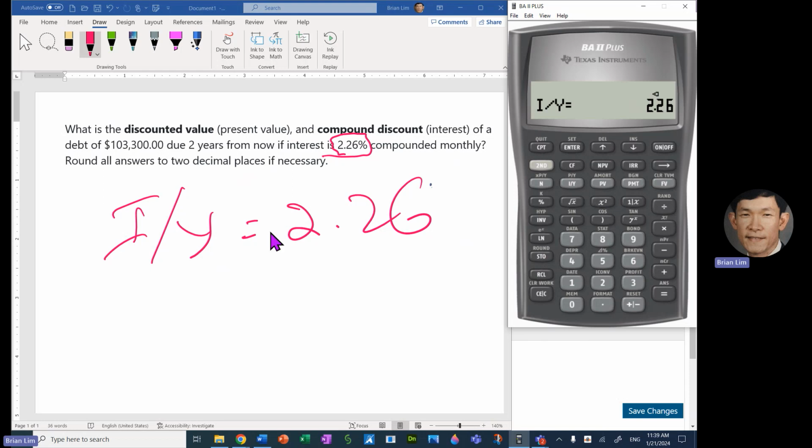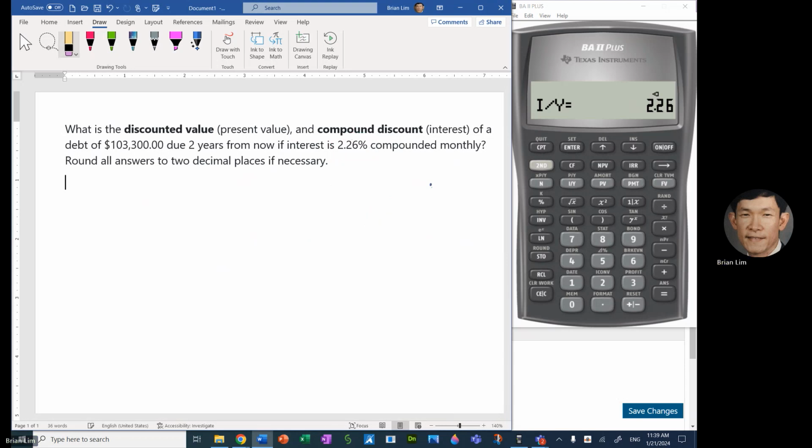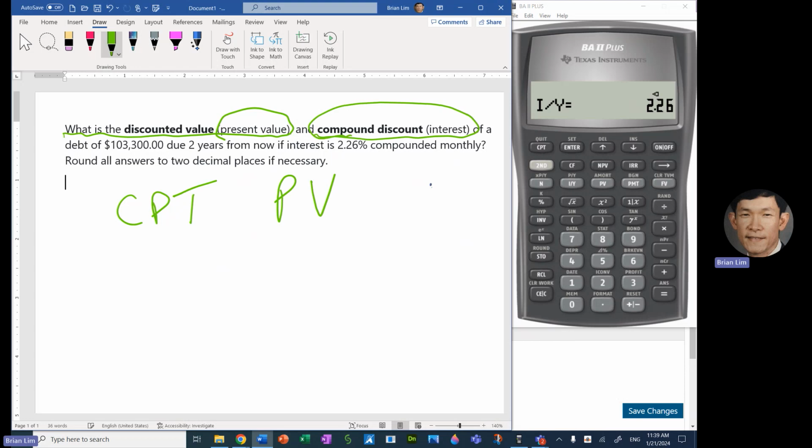We need to compute this value right here: what is the discounted value or the present value. So we need to compute the present value, and we need to compute the discount or the interest. All right, so let's do this part.